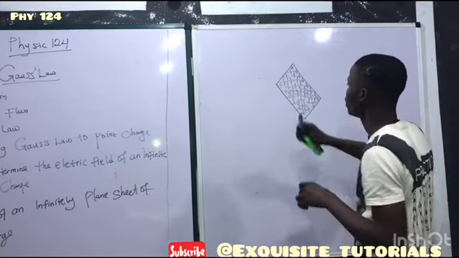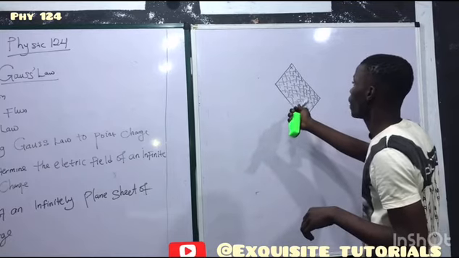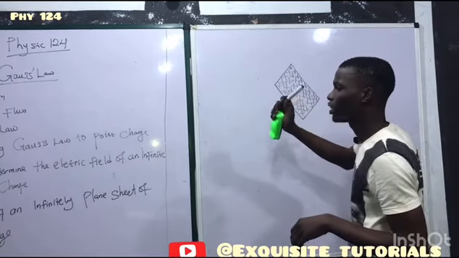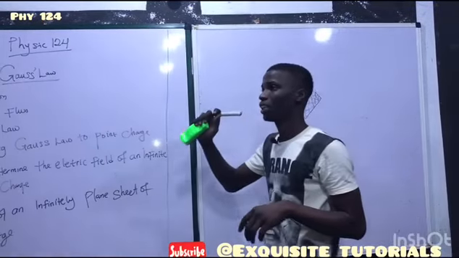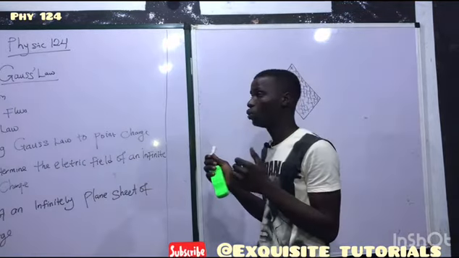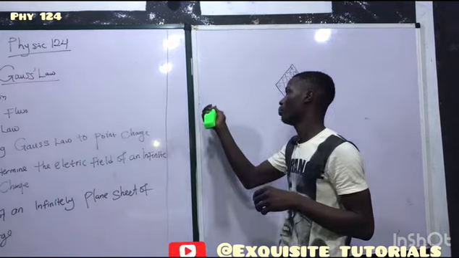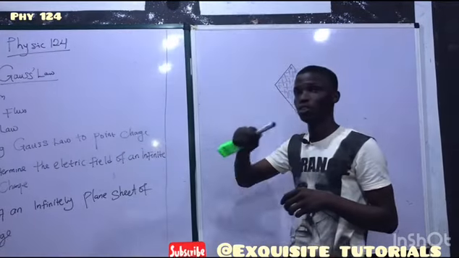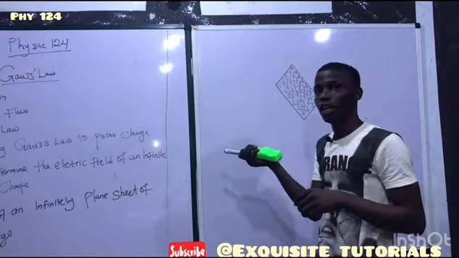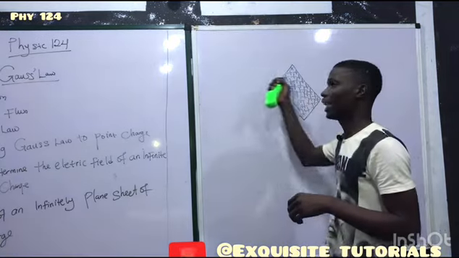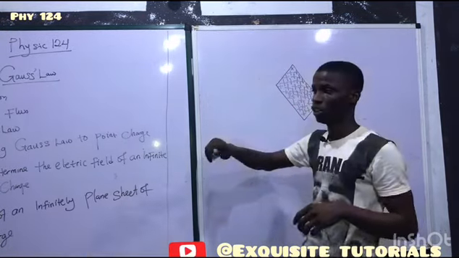So in this plane sheet now, in order for me to find a particular substance, like an imaginary substance that I will relate with, like when I did the one for that charge, or just a unit charge, I used a sphere. When I did the one for the line or the wire, I used a cylinder.